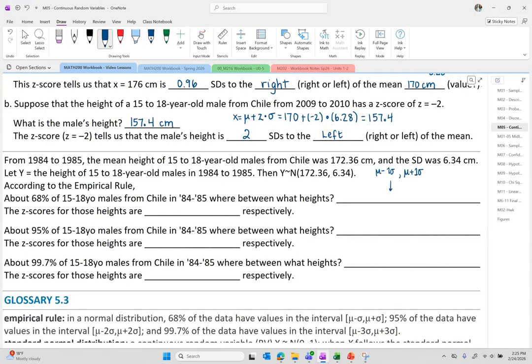So if I do 172.36 minus 6.34, the lowest bound will be 166.02. And if I do the mean, 172.36, and I add a standard deviation of 6.34, the upper bound will be 178.7.